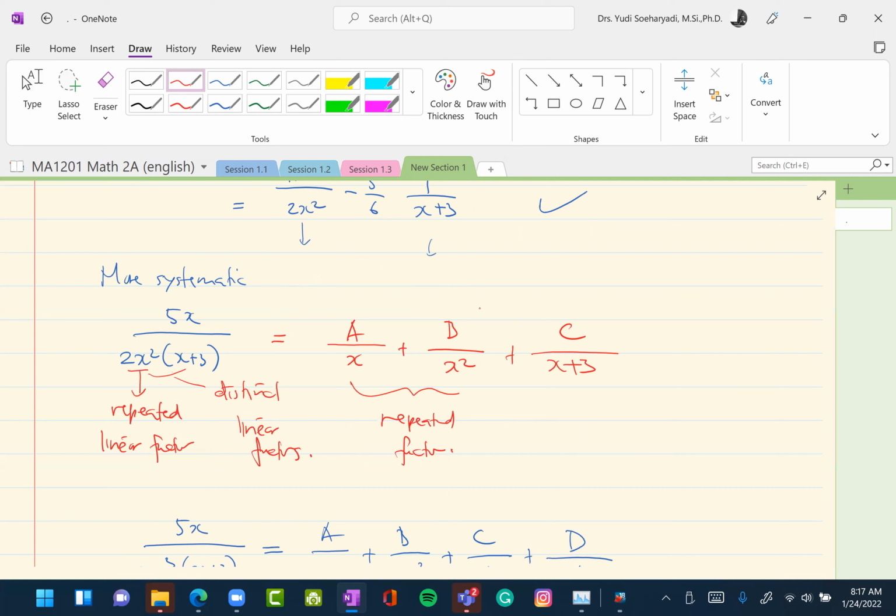The idea here is that of course you can replace this by something like this, for example, bx plus d, and you have C here. That makes sense because this is a square.